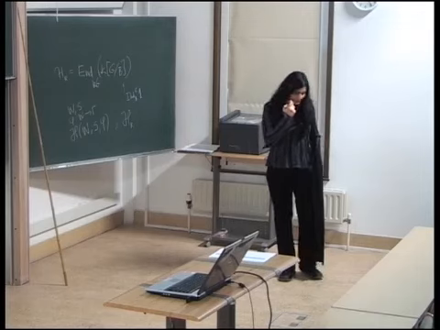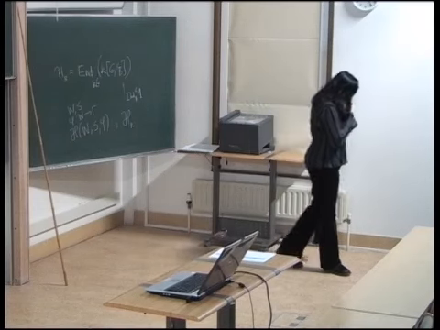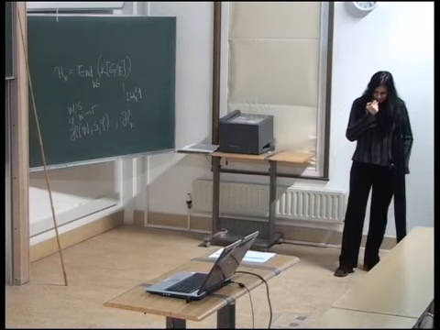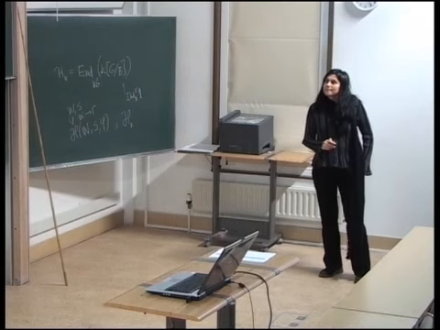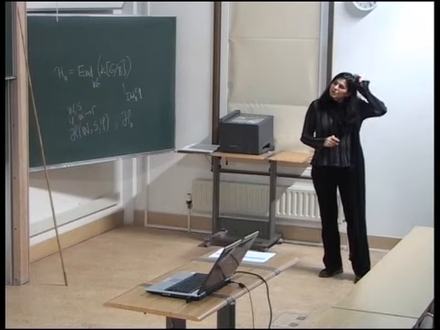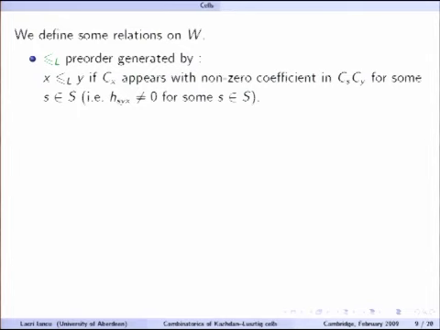So we are going to define some relations on W. First, a preorder. What I mean by generated is its transitive closure.